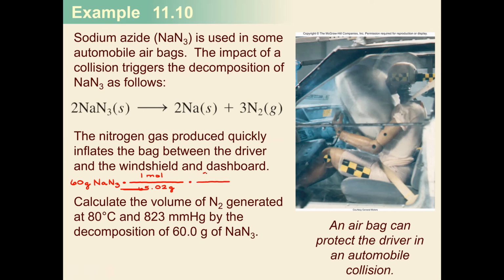So I get 3 moles of N2 for every 2 NaN3. This will now give me my moles of nitrogen gas. That value is 1.384 moles. So now, because we have a gas and it's asking for volume, we can take that number of moles, put it into our ideal gas equation, and solve for the volume.